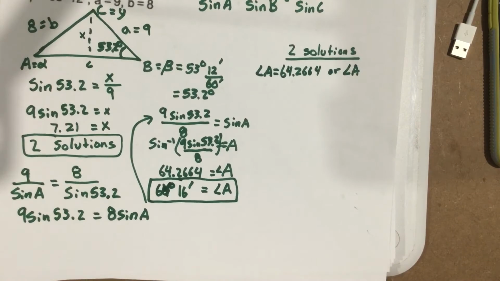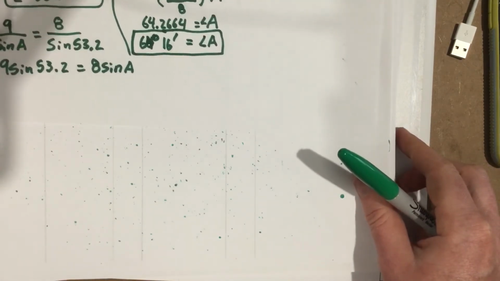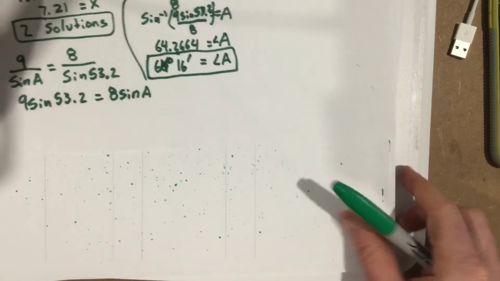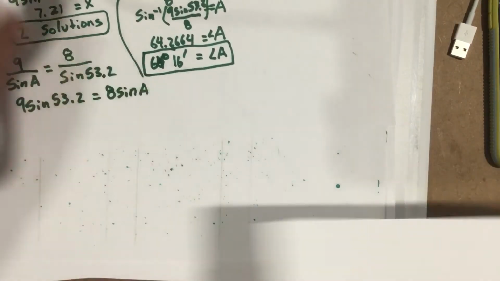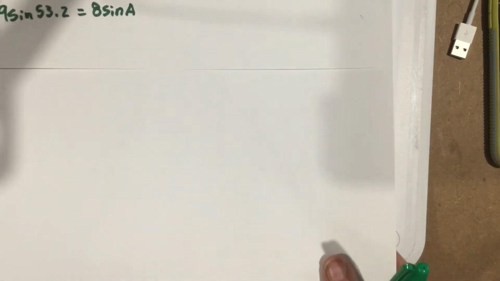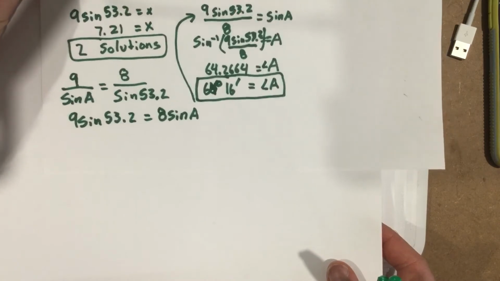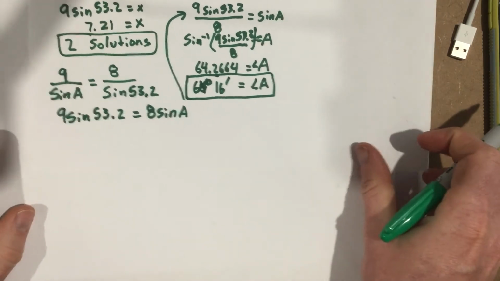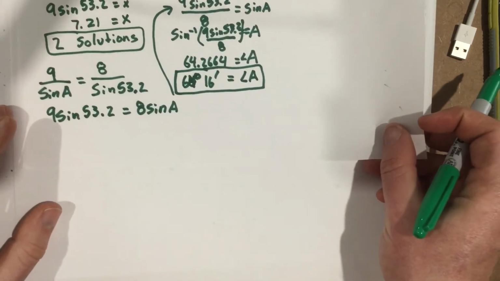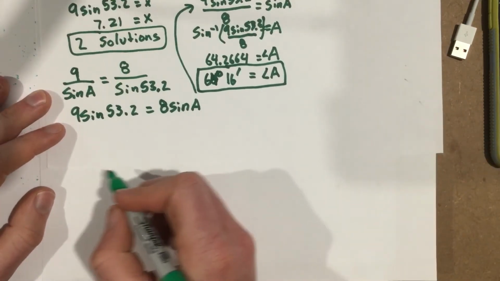Or angle A, and I'm just going to get a new sheet here. I'm going to write with a new sheet so this is nice and clear. So we got plenty of room. All right. So we're actually going to have two solutions.